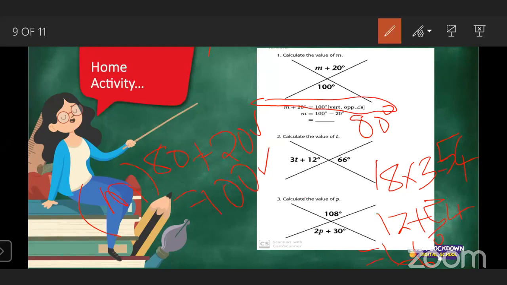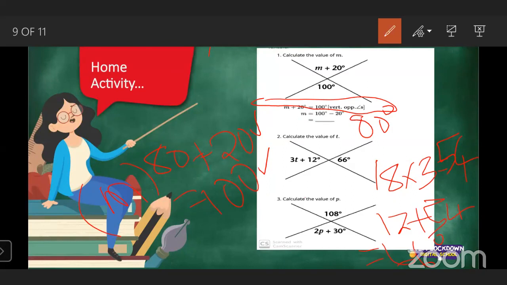Okay, let's erase here. So our last question is calculate the value for P. When we calculate the value for P, we're not calculating the value for 2P. We are calculating the value for P only. That's the question they asked us.